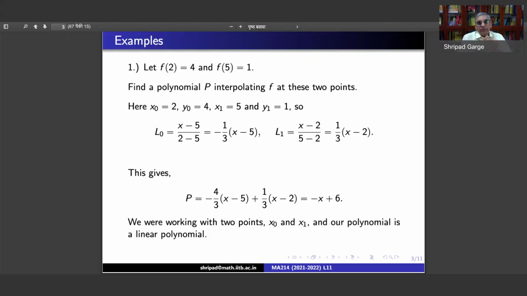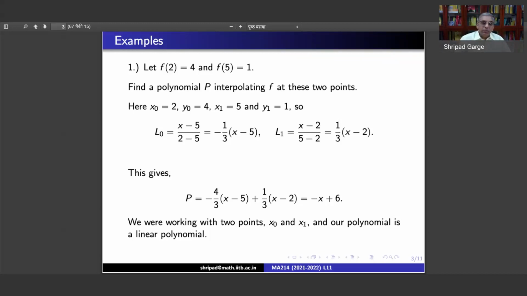Maybe when we were working with n plus 1 points, we said that our polynomial will have degree at most n. You can check easily that minus x plus 6, or 6 minus x, is the line which passes through the points 2 comma 4 and 5 comma 1. It's the line which goes down because the slope is negative.